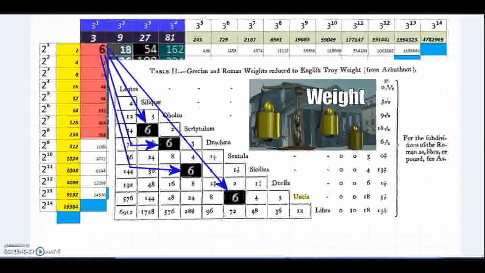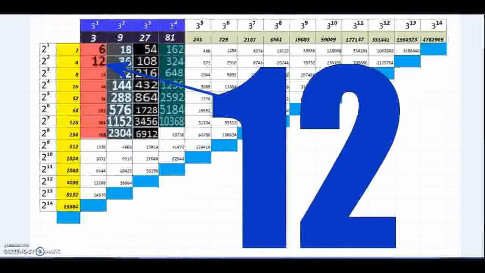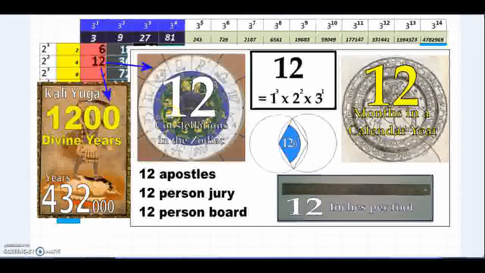Now, ancient weights and measure systems, again, they're all there. These other numbers I'll get to, or I've already gone into. And so it's built into ancient science. So 12, so the Kali Yuga, 432,000 years, that's 1200 divine years, as they say.